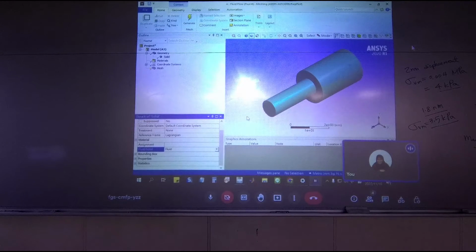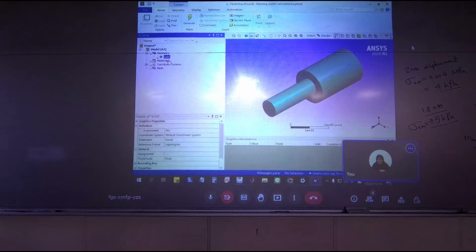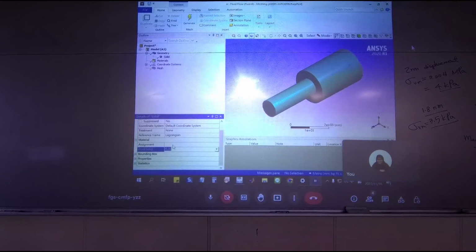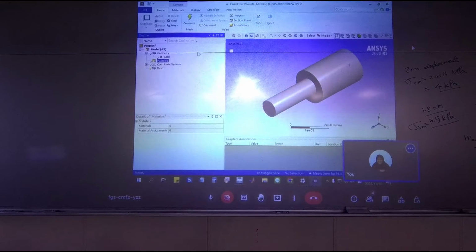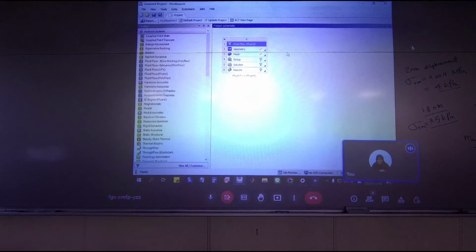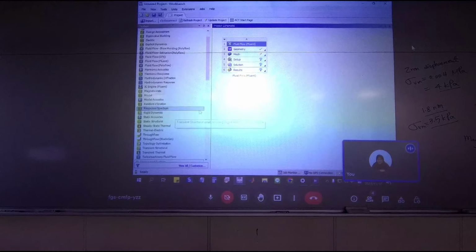And go to material, see what is that? Material. Only here, okay. Let's assign a new material. Let's change to water. Can you? We need to include it outside. Okay, let's go outside and then pick up water. Can you?